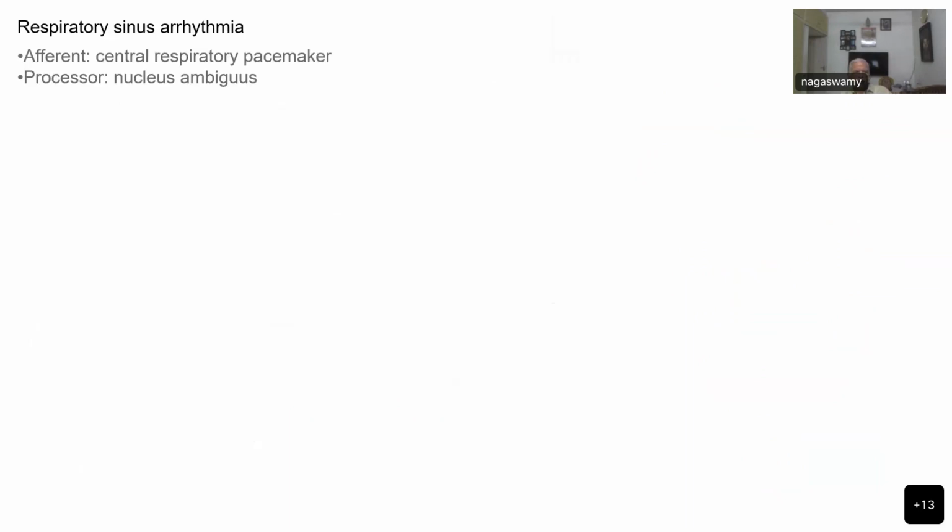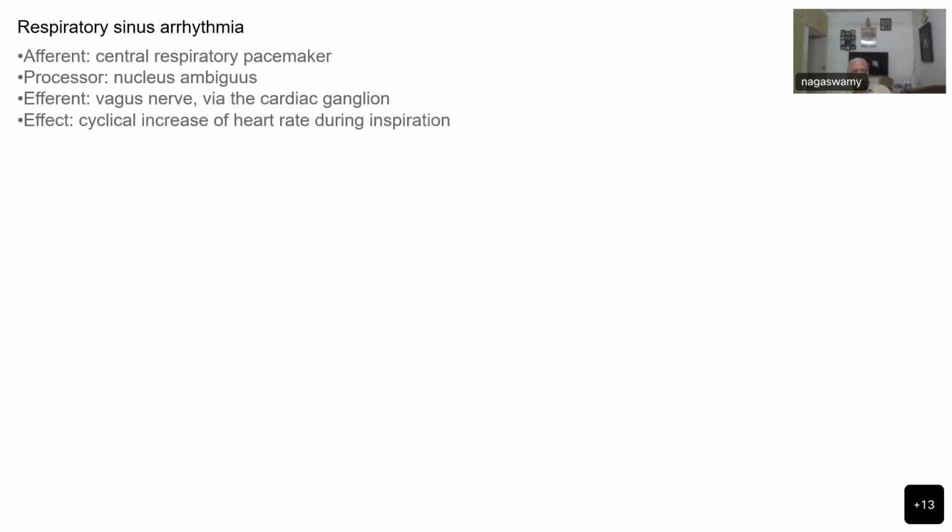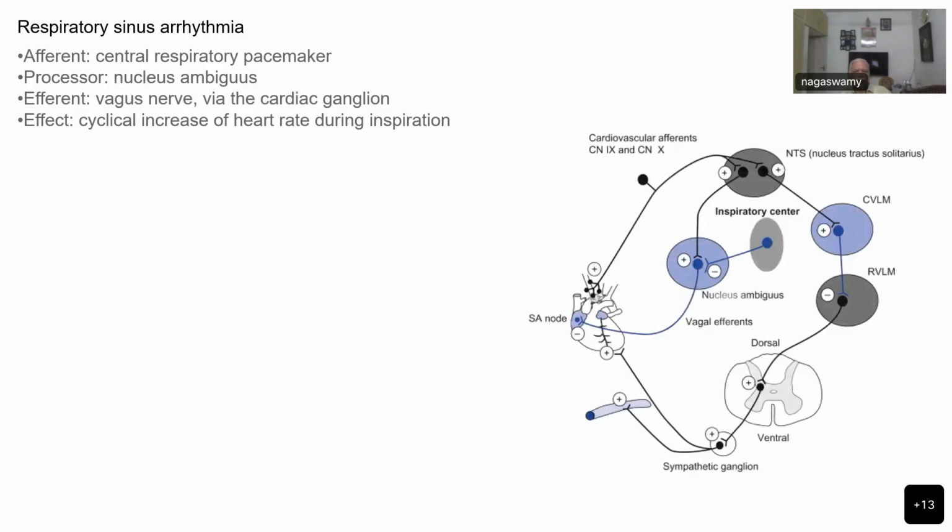And lastly, respiratory sinus arrhythmia. There is a central respiratory pacemaker, and it is the nucleus ambiguus of the vagus which is important. And the efferent is through the vagus nerve, the ganglion.